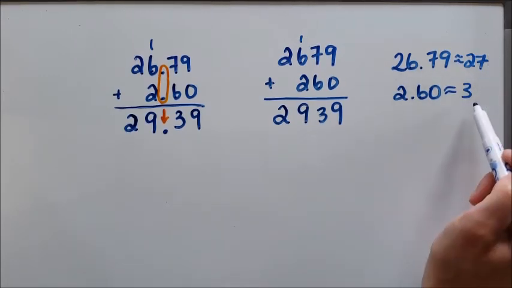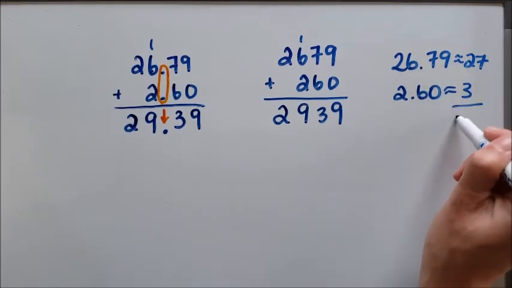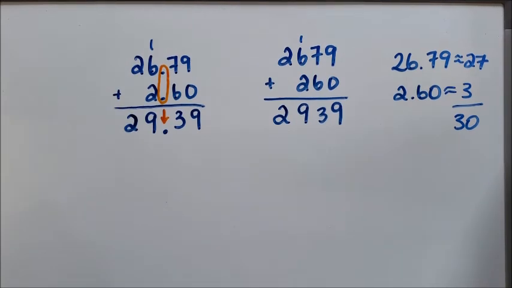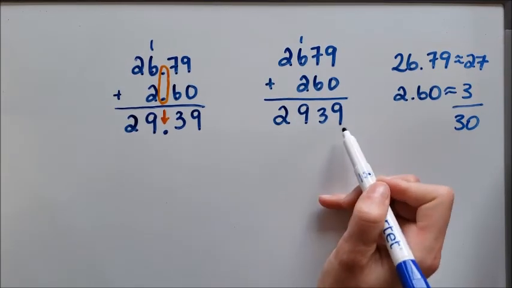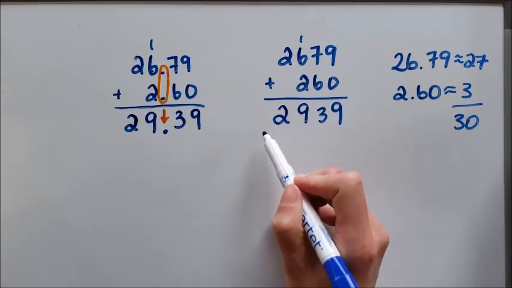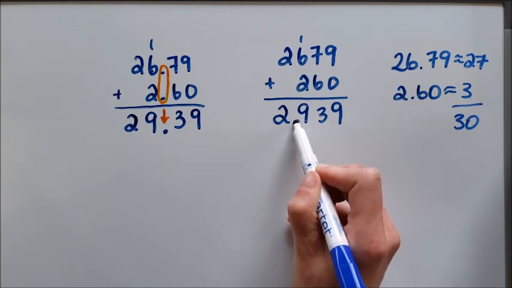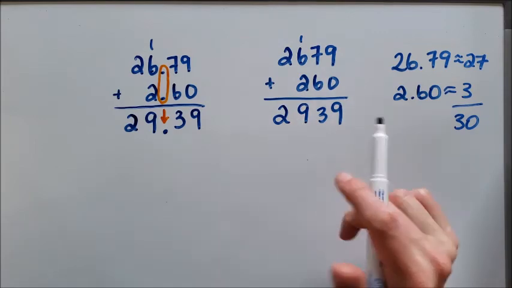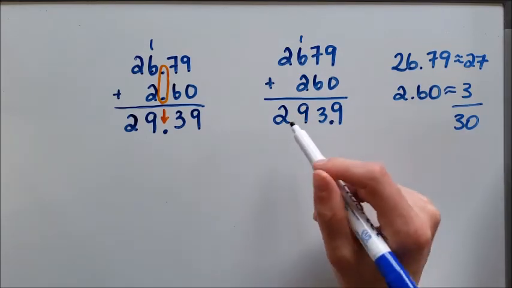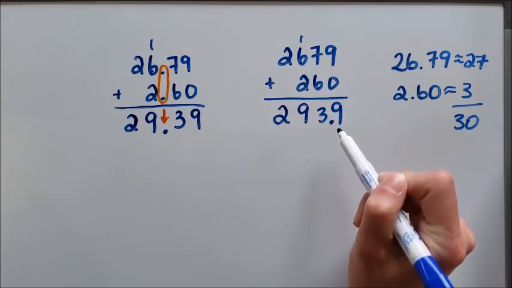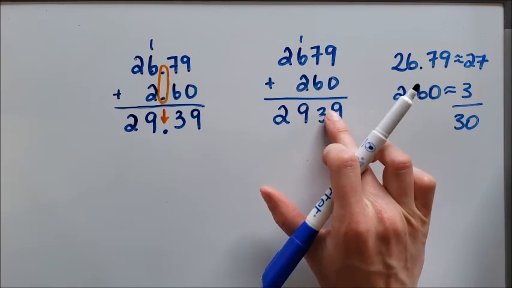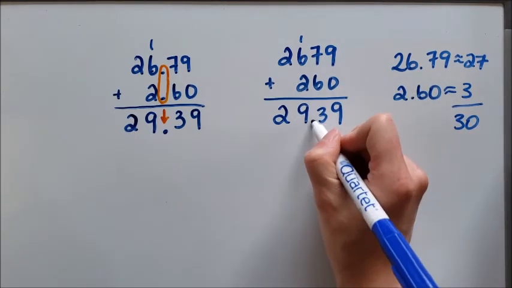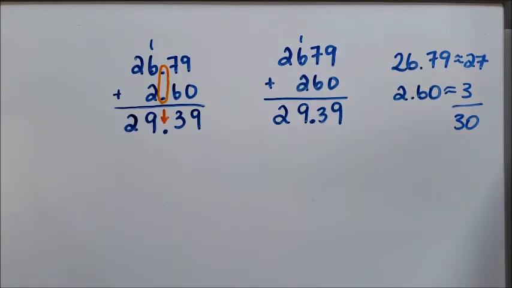So when I add those two numbers, 27 and 3, that's close to 30. So he knows that his answer has to be close to 30. So when he's picking where his decimal goes, he knows, well, if I put it here, then I have 2.9. That's not close to 30. If I put it here, I have 293.9. That's also not close to 30. So if I want to get a number close to 30, I have to put it right there.